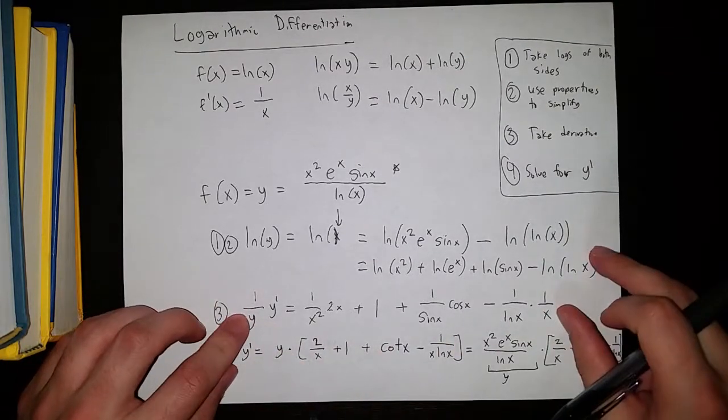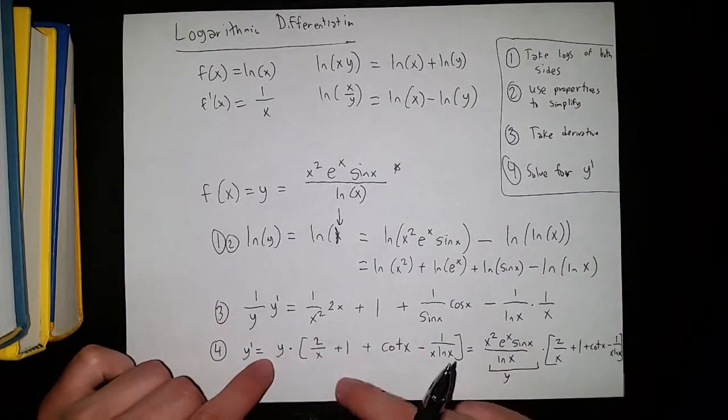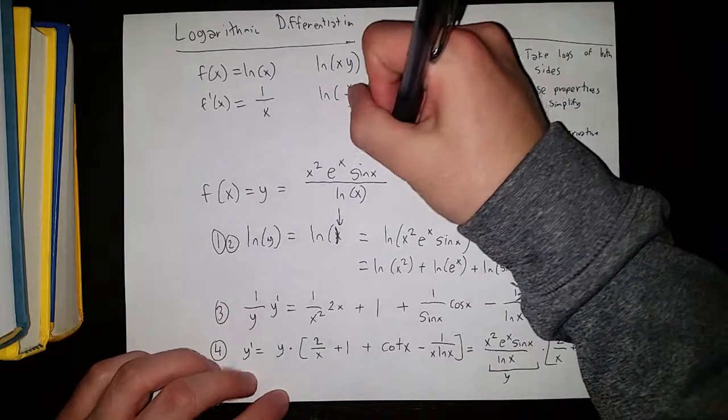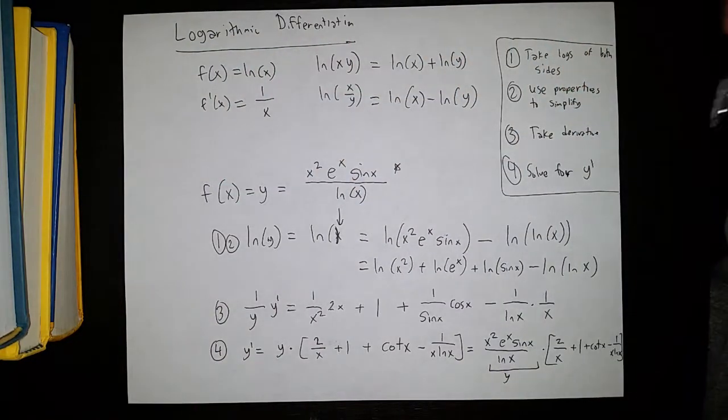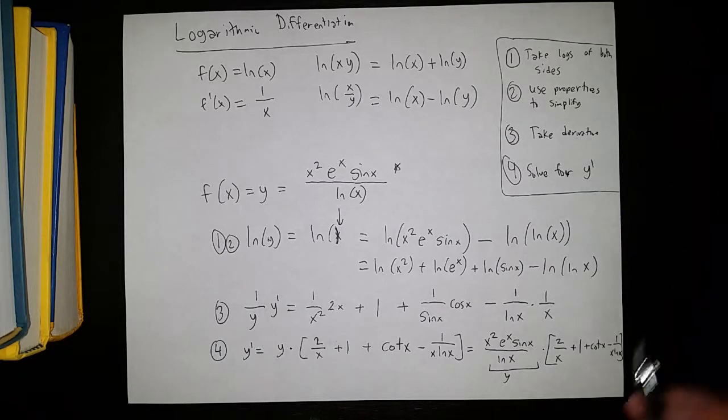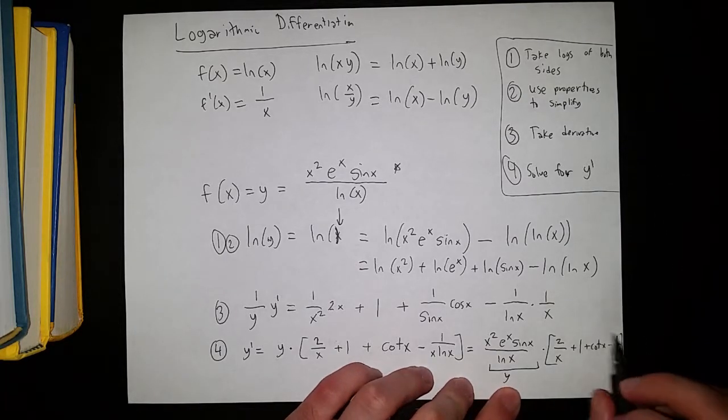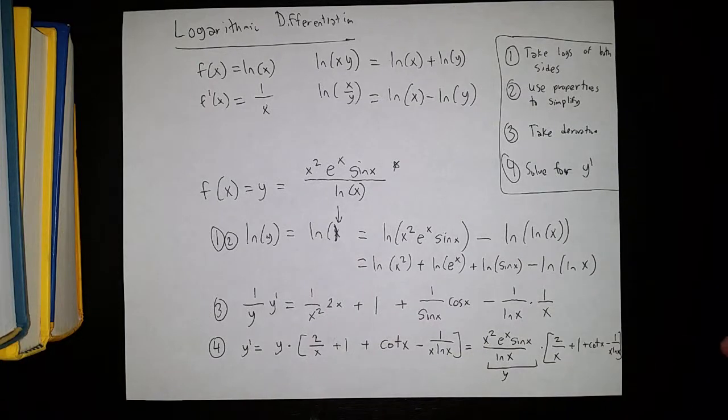So we're going to have 1 over y, and you multiply both sides by y, and we know y, we were given y at the beginning of the problem, so we plug in y, and we plug in our answer, and we get the derivative of f of x.